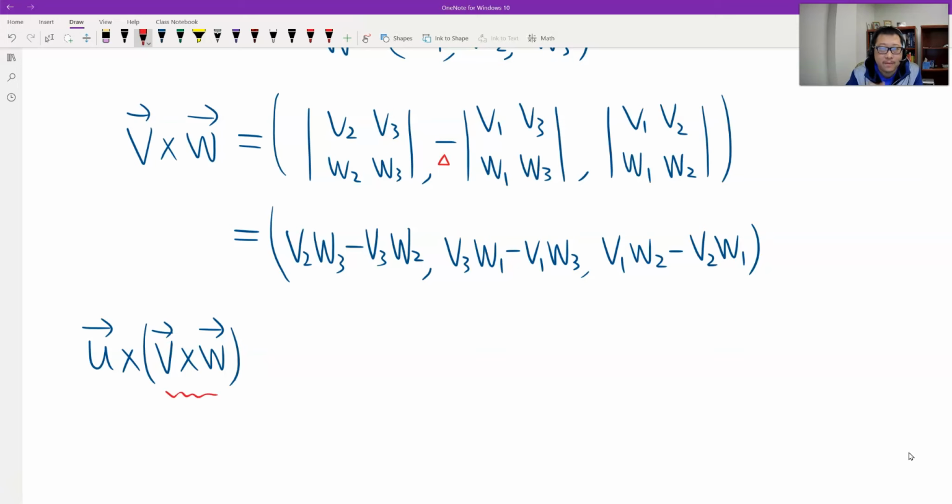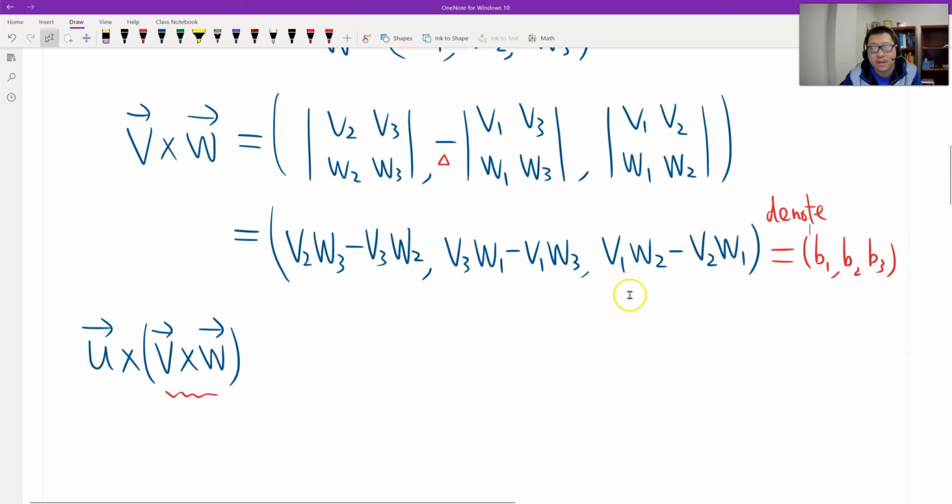It's complicated. Let's note that. Let's say this is just B1, B2, and B3. Let's denote: B1 is the first component, B2 the second component, B3 the third component.